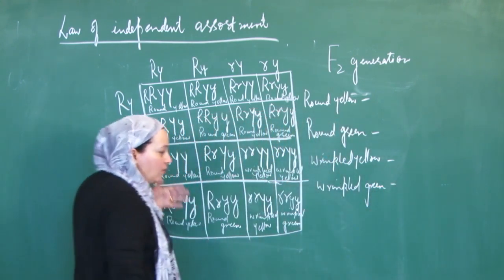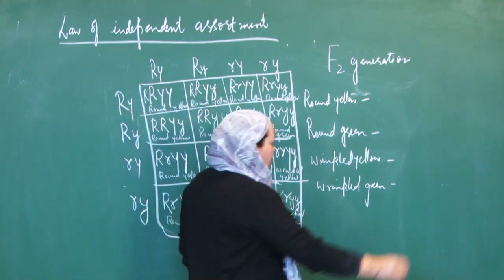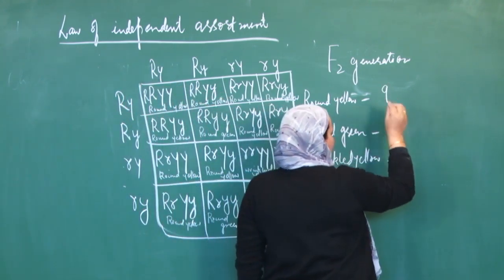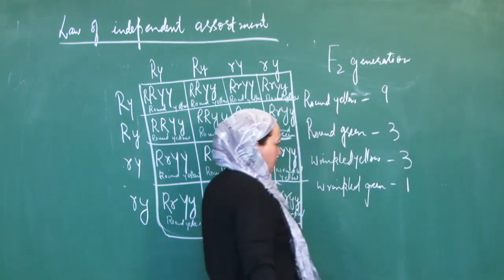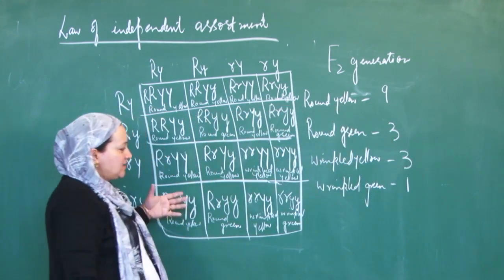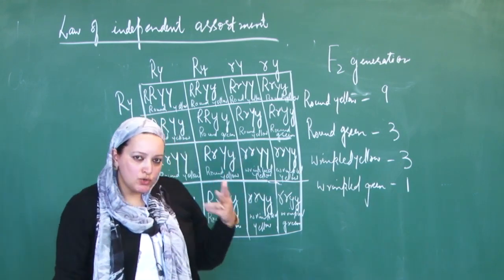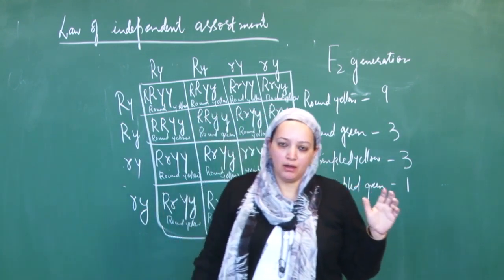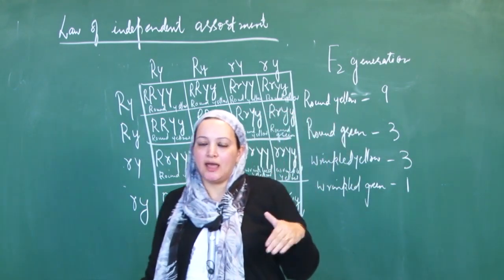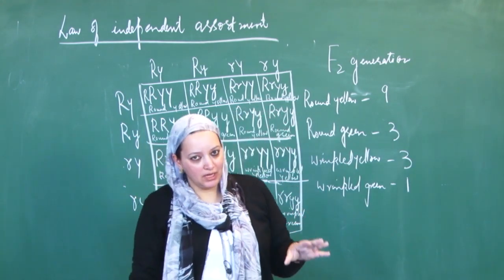How many round yellow seeds were produced? It was 9. The ratio was 9:3:3:1. Now, in the parental generation, there were only 2 combinations: the pea plants with pure round and yellow seed, and the pea plants with pure wrinkled and green seed.